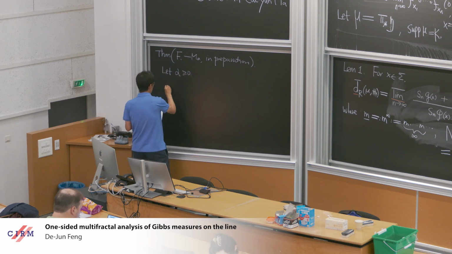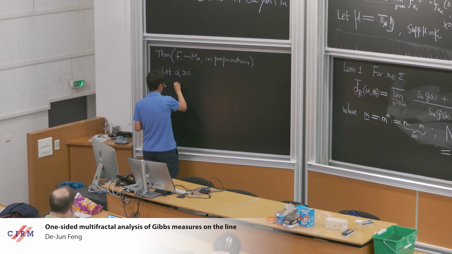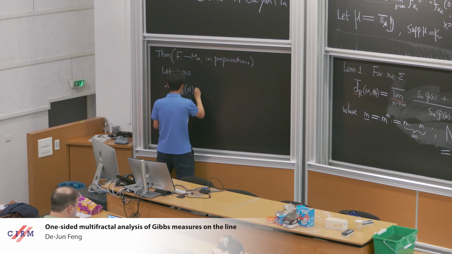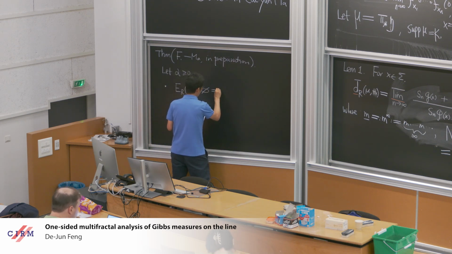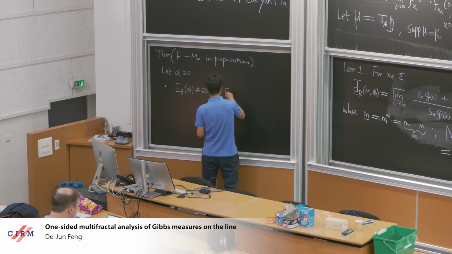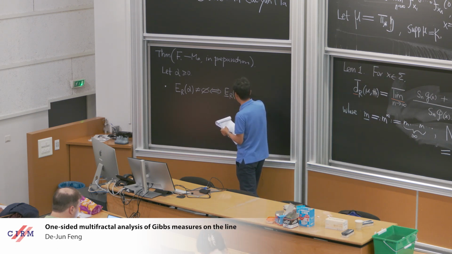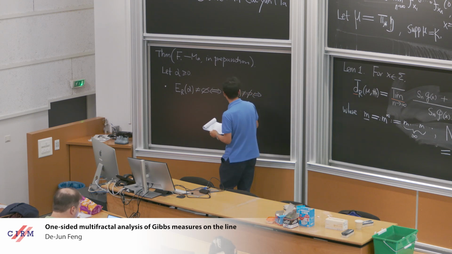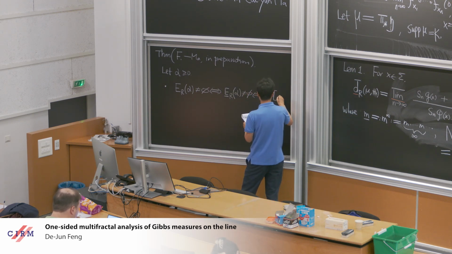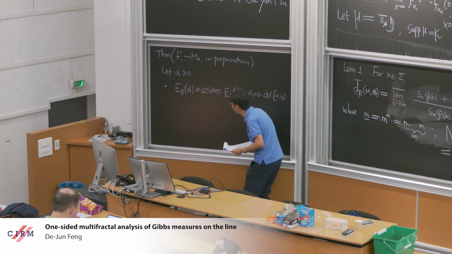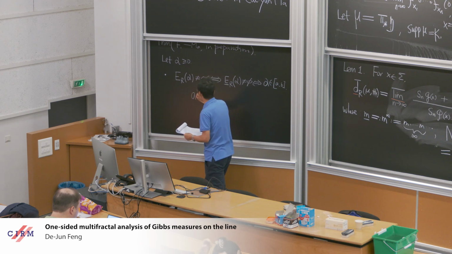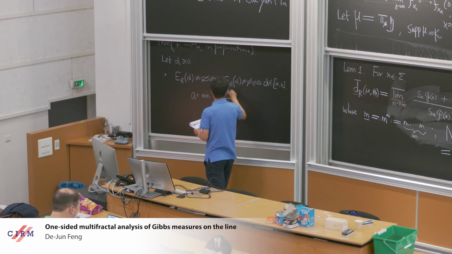The first result is: E of alpha not equal to empty set, if and only if the lower E_R alpha not equal to empty set, if and only if alpha between A and B, where A is equal to the minimum of the ratio g d nu over phi d nu.